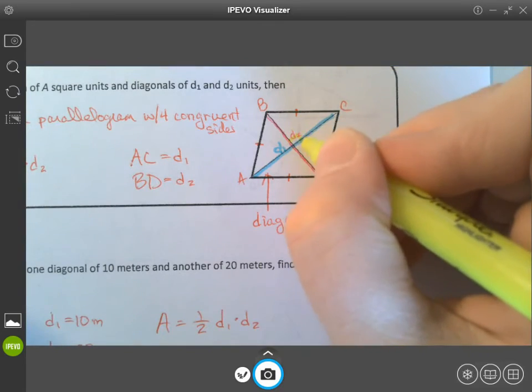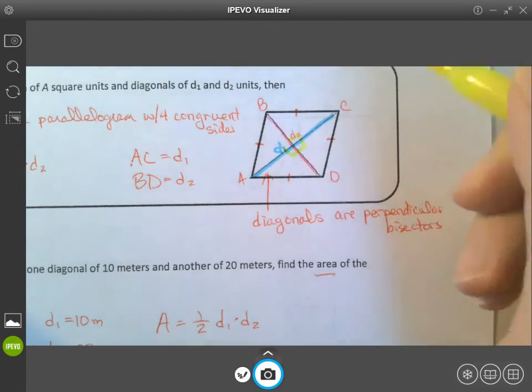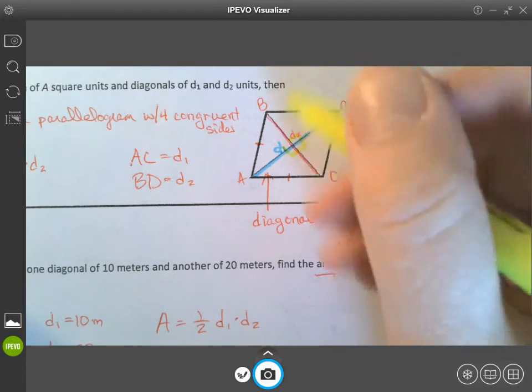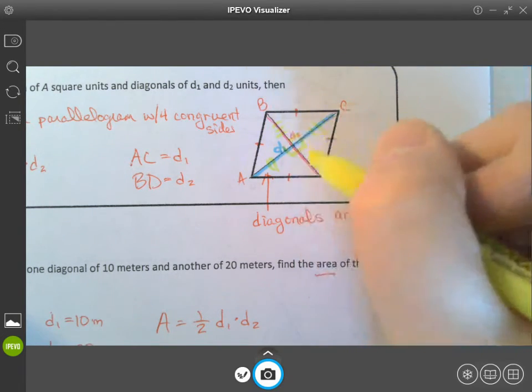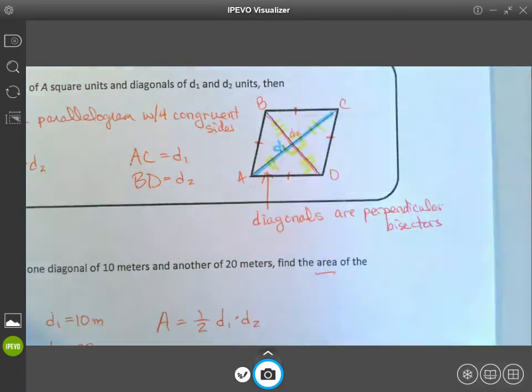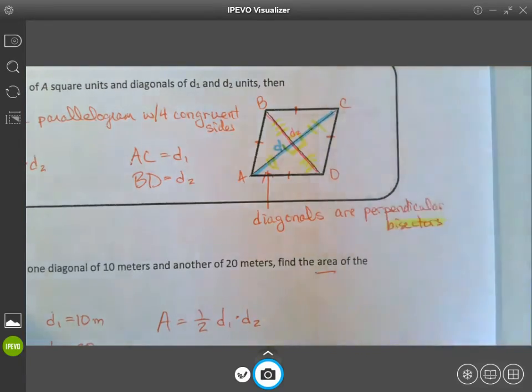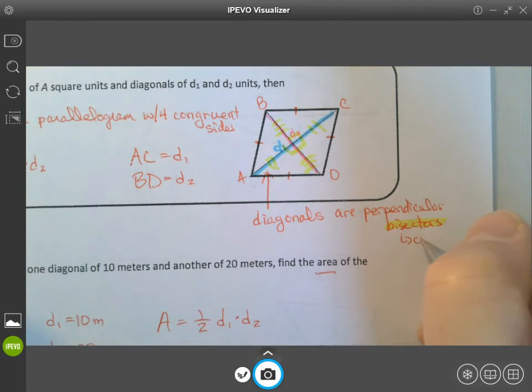So these two make 90-degree angles, and then this piece is congruent to this piece, and this piece is congruent to this piece. So bisector means they split into two pieces. Bisector means cut in half.